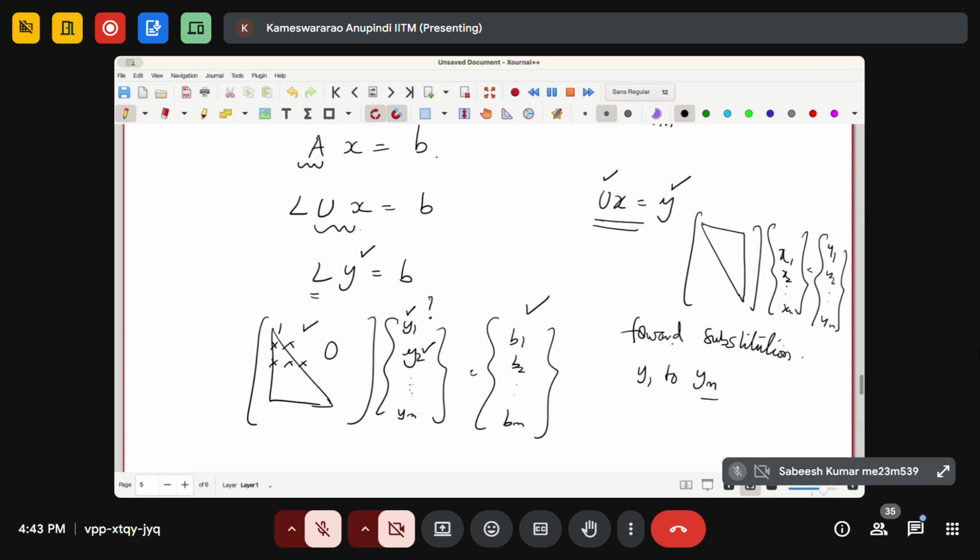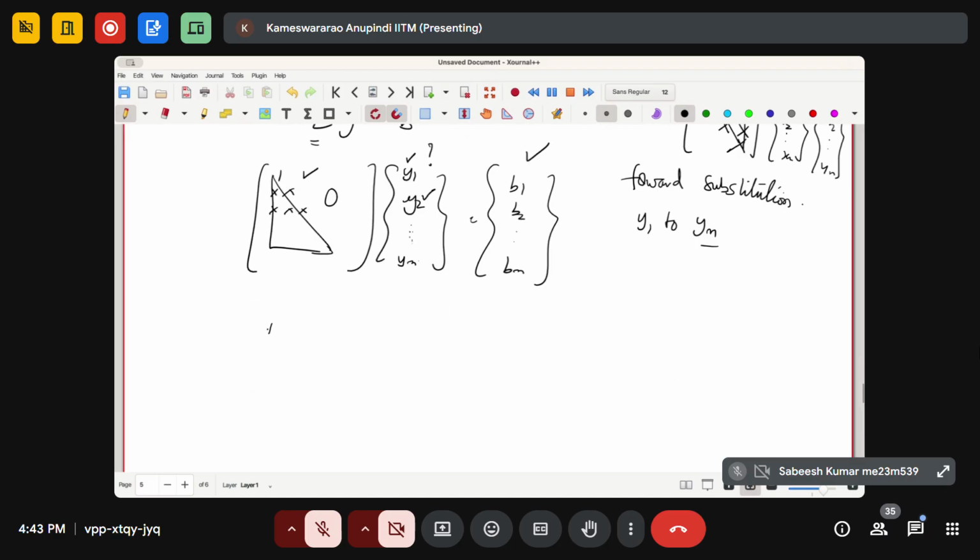That means I can use backward substitution: calculate Xn first, then Xn minus 1, then Xn minus 2, and so on, all the way to X1. That means I can now do back substitution and calculate Xn to X1.